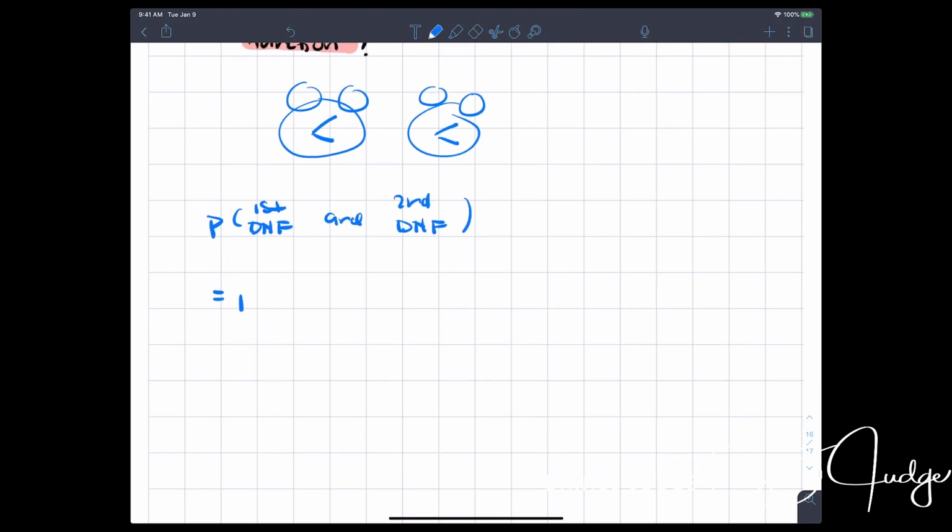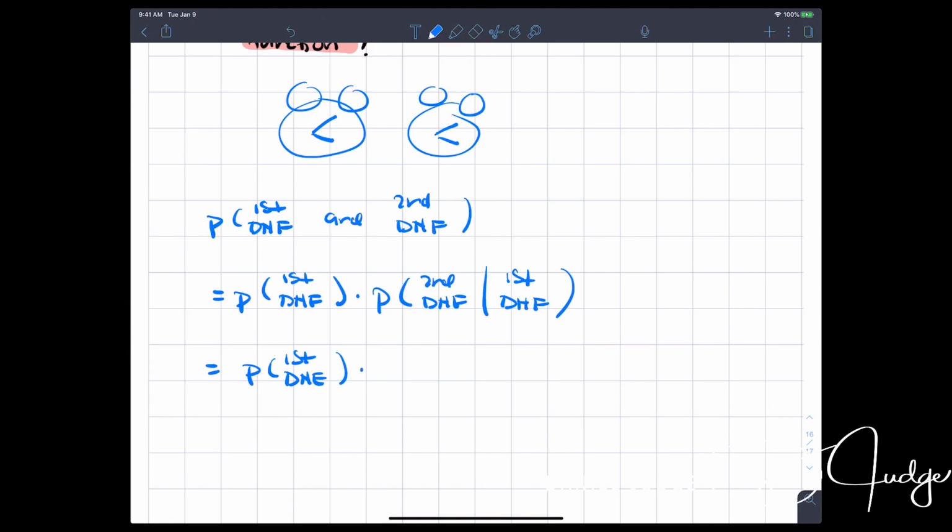This equals the probability the first does not function times the probability the second does not function given the first does not function. Or even better, the probability the first does not function times the probability the second does not function.